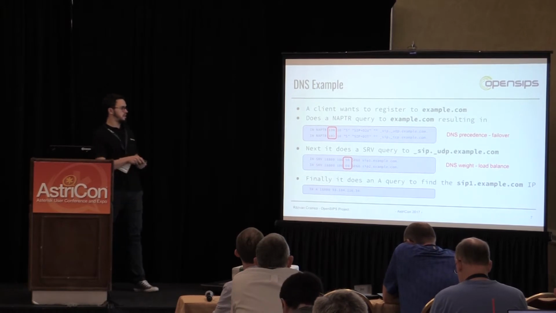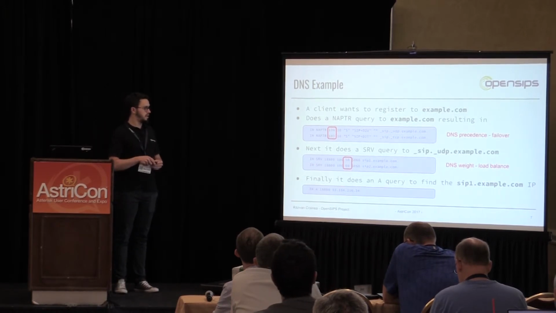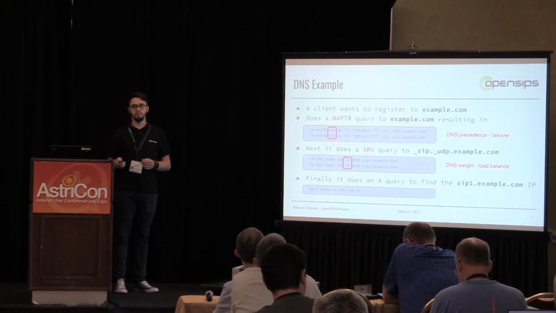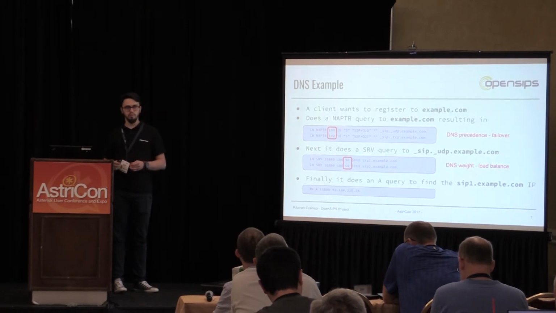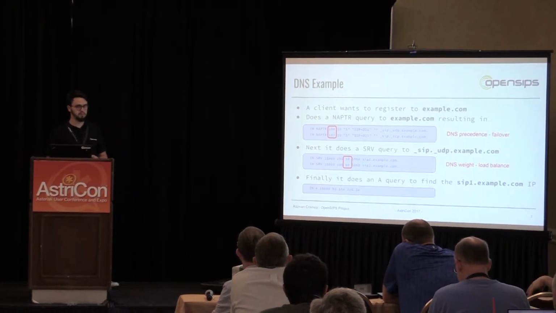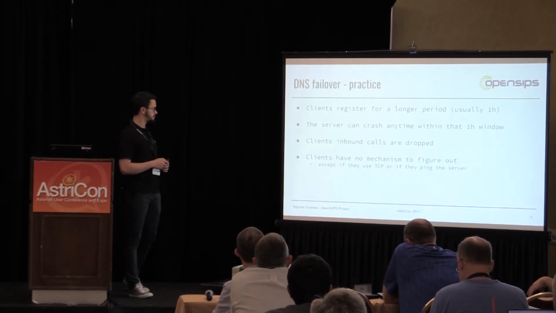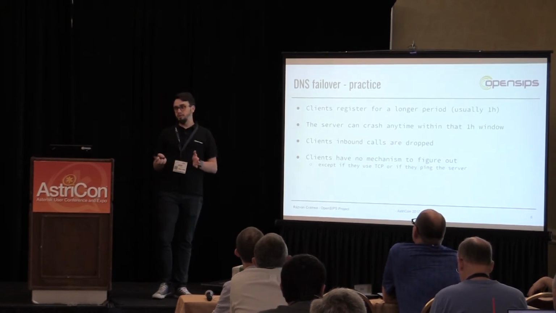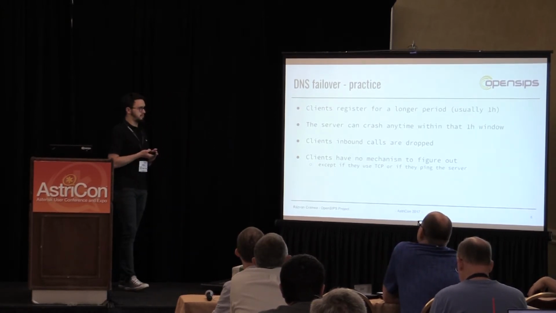Furthermore, we take this response and resolve it with an A query to find out the IP of the server. In this case, this is the IP of example.com, and we simply send the registration there. This sounds really nice, right? Let's see how this works in practice.